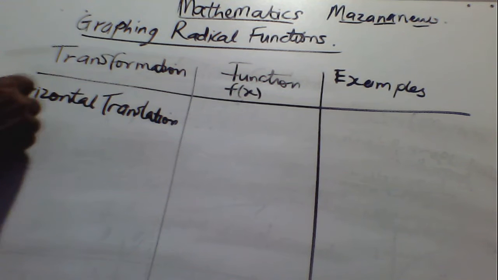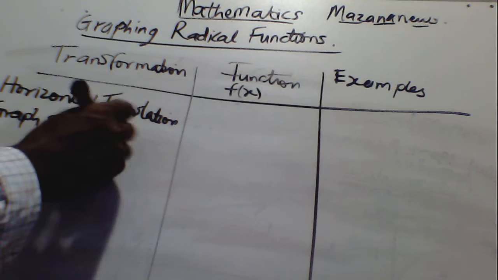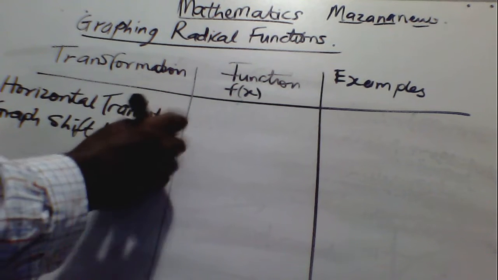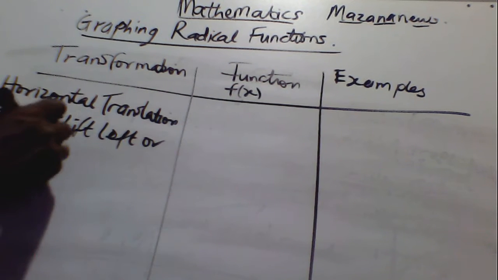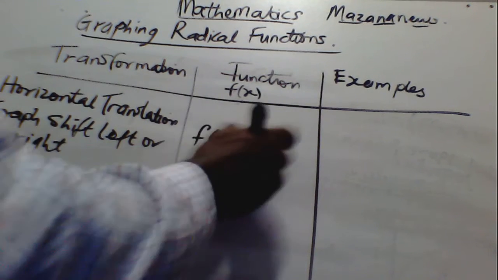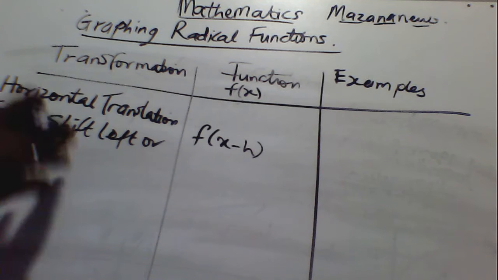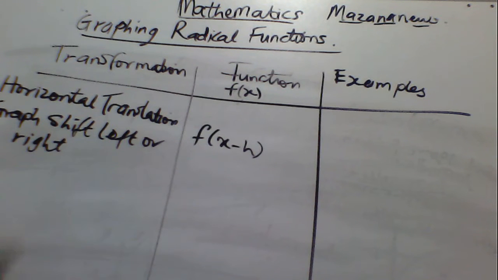The graph shifts left or right. So f of x looks like this, as if it is a closed function. When we talked of horizontal translation, it's always a closed function, as we have seen. So you can translate by h on the horizontal axis.